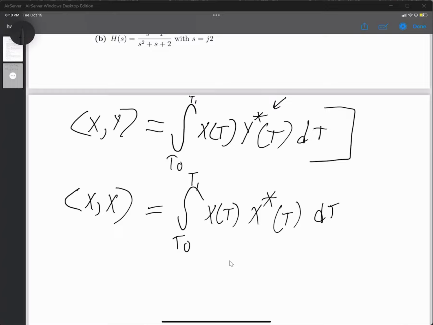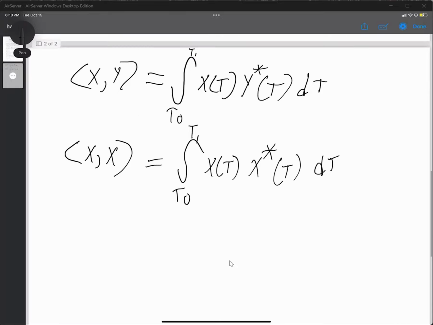You'll be dealing with a complex one versus a real one. If you see this conjugate here, it typically means that we're asking for the complex conjugate of the function. Anyways, let's see if it's valid for the first test, positive definiteness.